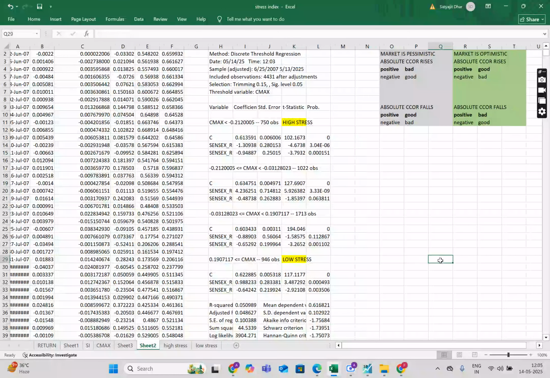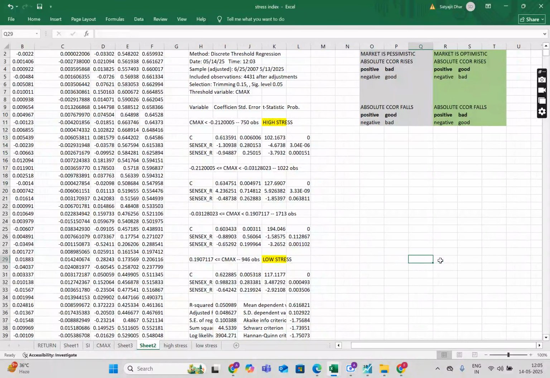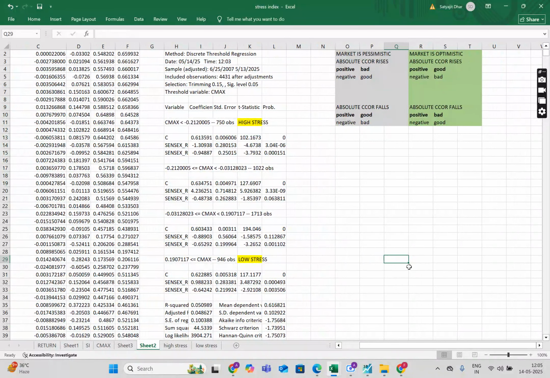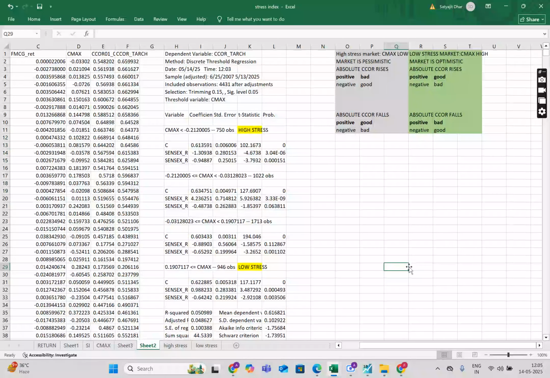While we were doing the conditional correlation's empirical survival function, there we saw that the conditional correlation was positive throughout. So we can make our conclusion that the conditional correlation is positive throughout, and then we can continue with our analysis on the basis of that.